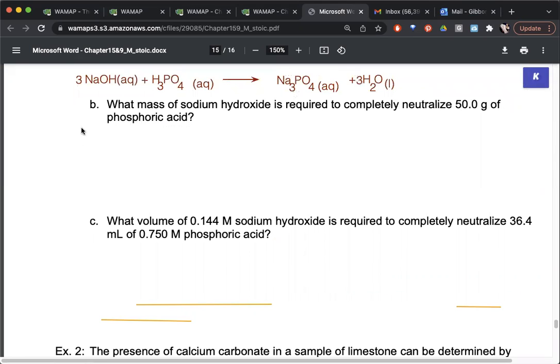All right, we need to know how many grams of sodium hydroxide will we need to react completely with 50 grams of phosphoric acid.